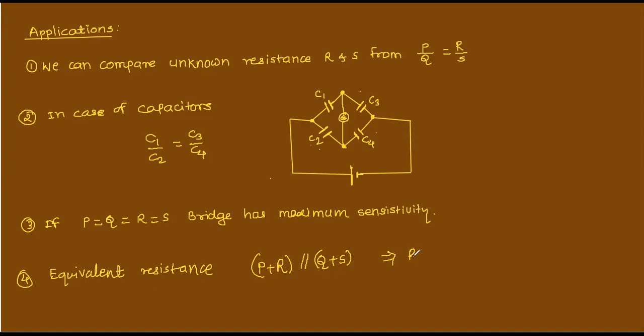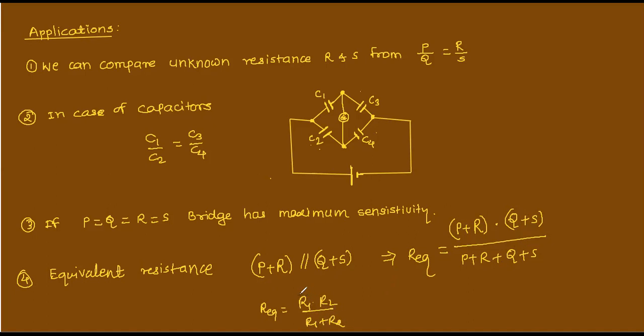So R equivalent is equal to R1 R2 by R1 plus R2. So P plus R into Q plus S, divided by P plus R plus Q plus S. You know, when two resistors are in parallel, you use the R equivalent formula R1 R2 by R1 plus R2.